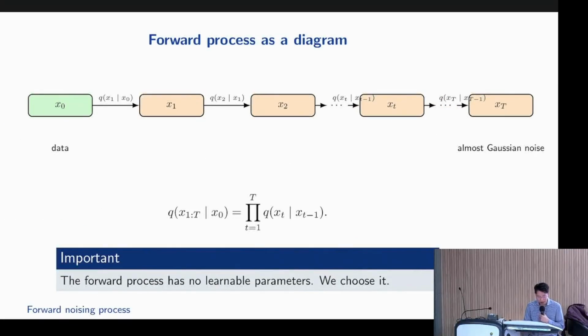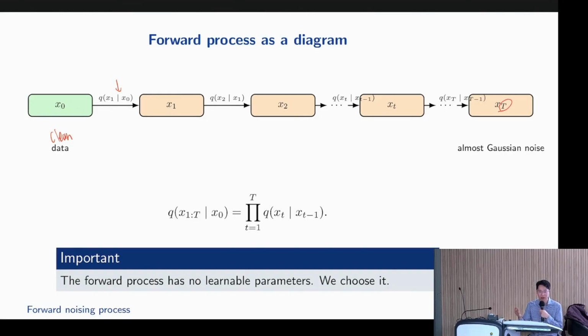So in terms of diagram, you start off from clean data here, and you sample x1 according to this Q distribution, the one-step noising distribution, and you repeat this process for a predefined capital T number of steps. This is usually on the order of 1,000 to 2,000.